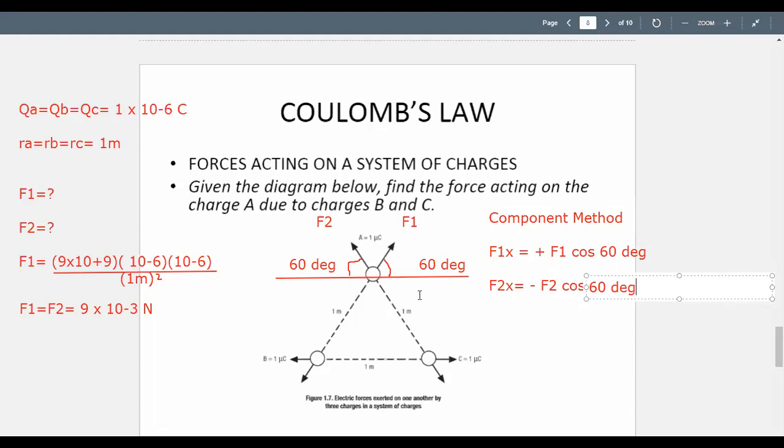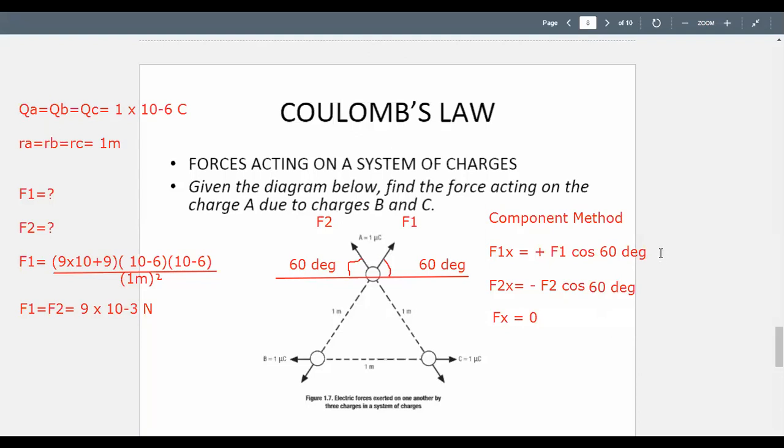The sum of the two, which we will call Fx, our total force on the x-axis, must be 0. F1 and F2 are of the same magnitude, and if one is positive and the other negative, then the sum of Fx must be 0.